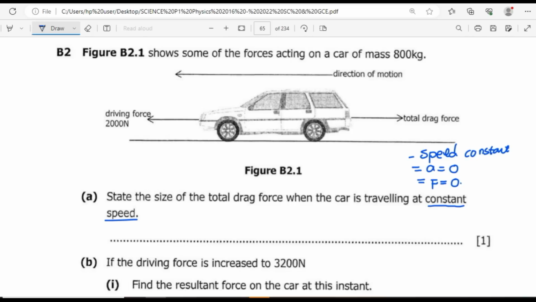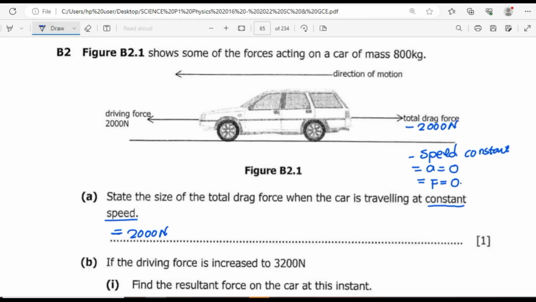So if the driving force is 2000, what number can we add to 2000 to give us 0? This will be negative 2000 newtons, so that 2000 minus 2000 will give us 0. So the drag force is just equal to 2000.